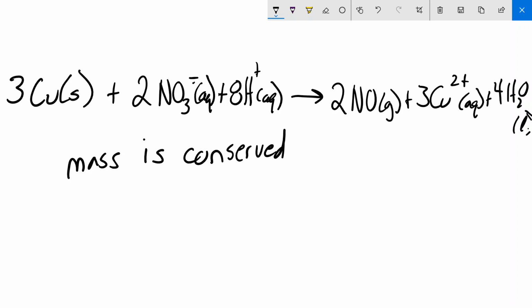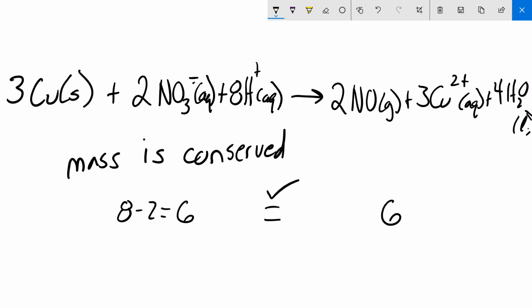So mass is conserved, right? And next we need to check the charge. So if we look at the reactant side, we've got 2 nitrates, so that's -2. And we've got 8 hydrogens, so that's +8. So 8 minus 2 equals 6 on the reactant side. And then if we go over to the product side, the only thing that has a charge is the copper ions, which we have 3 of them, which is 6. And last time I checked, 6 equals 6.